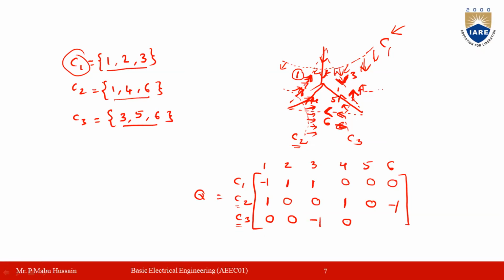The fifth branch and your cut set direction are both in the same direction, so it will be +1. The sixth element and your cut set direction are again in the same direction, so it will be +1. Now this matrix is called the cut set matrix. Like this you can form the cut set matrix.